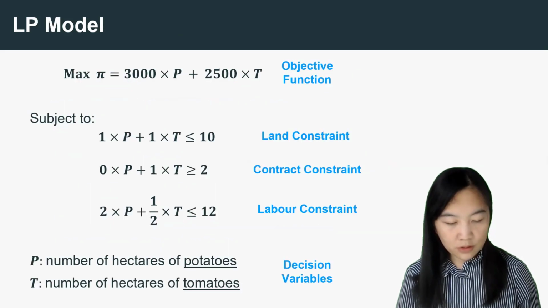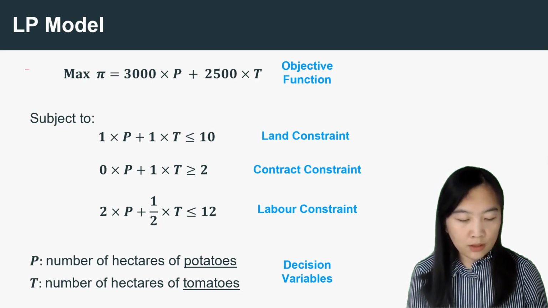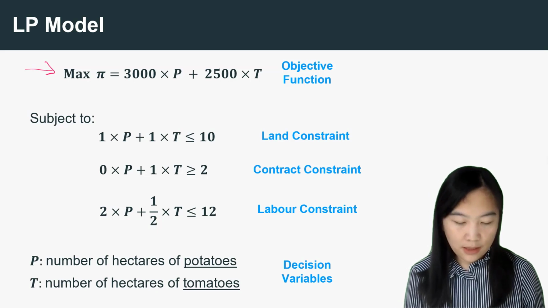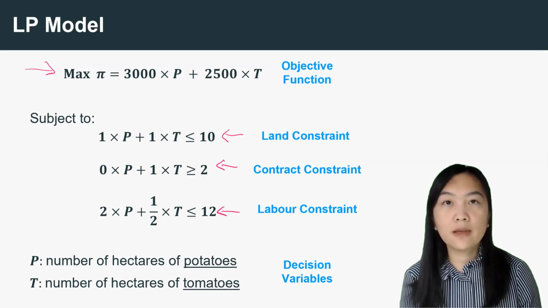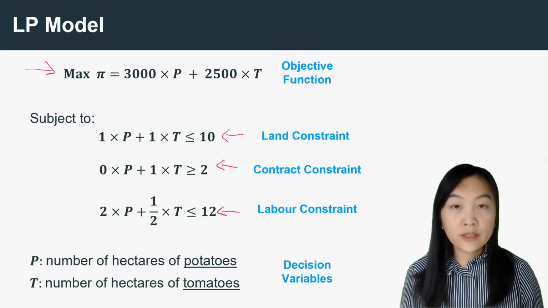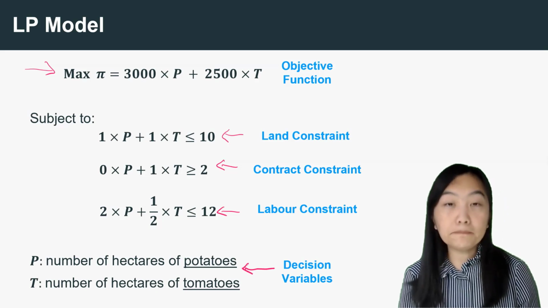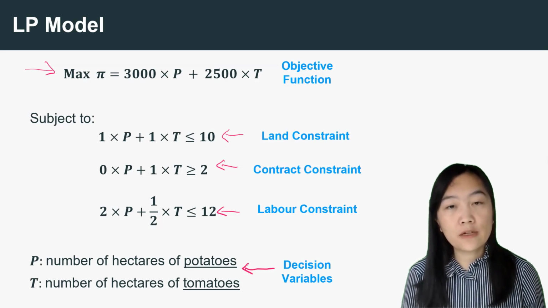So let me show you each of those. This one is your objective function, and there are 3 constraints. I gave them each a name. You can give them different names if you want, and that's totally personal preference. And at the bottom here are the 2 decision variables.